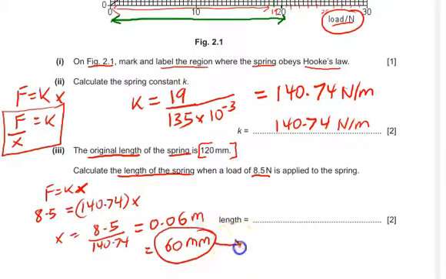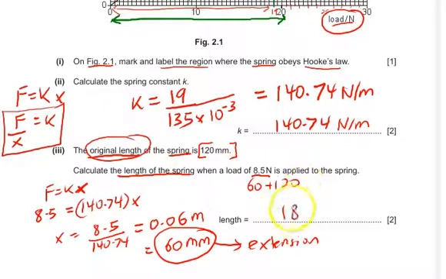This is only your extension. Remember this, and you have to add it to your original length to determine the length of the spring. So 60 plus 120 mm, so here we have about 180 millimeter. This is 2 marks. Now we move on with the next question.